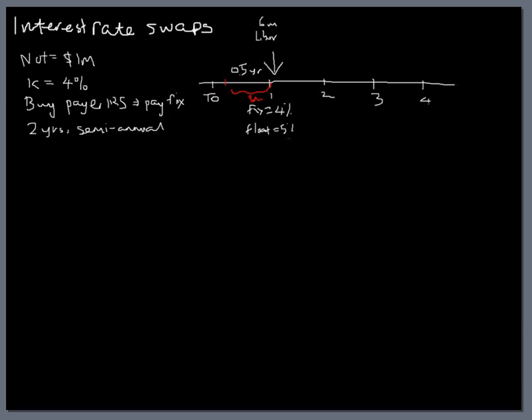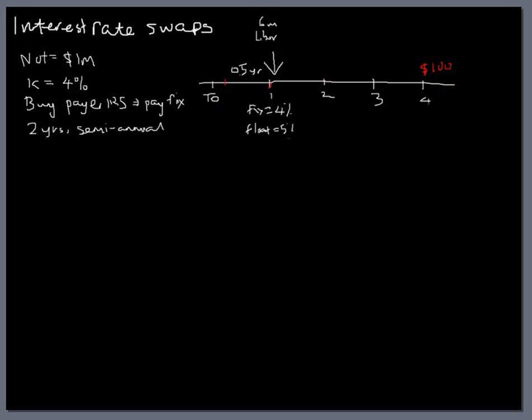The second way of valuing IRS, which is something everybody is more familiar with, is to assume that there is a par value exchange at the end of the maturity. So assume that there's a 100 par value exchange at the end of maturity.